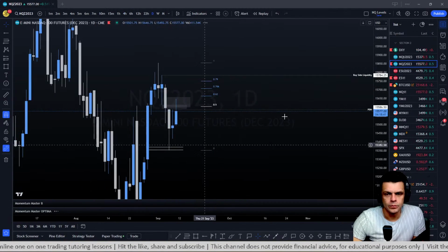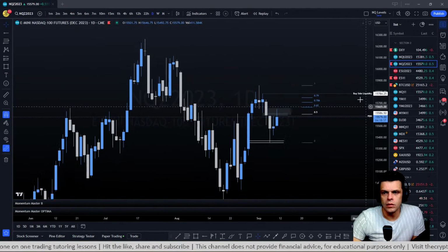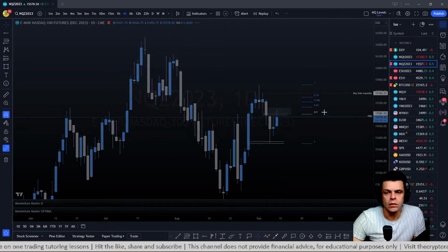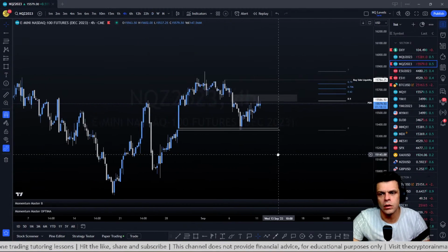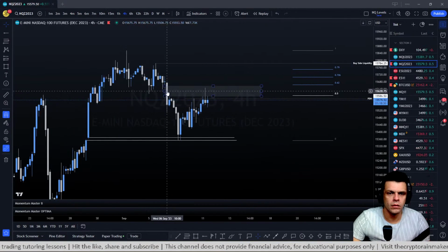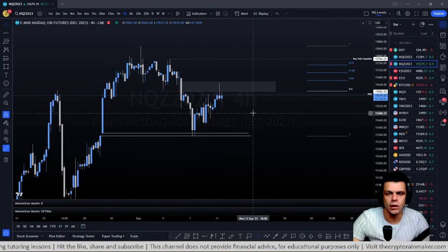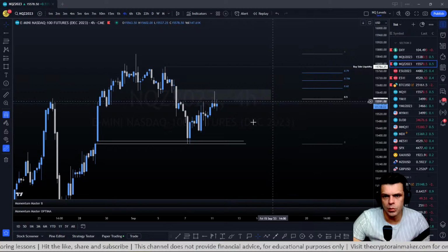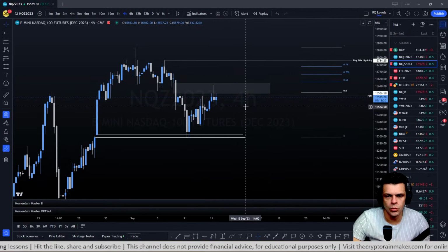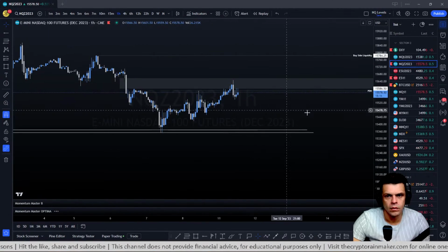On the daily, we had the buy side liquidity right here, volume imbalance, and then this fair value gap right here on the 4-hour. So you have to say that this fair value gap is a bearish point of interest on the higher time frame. Also came right into the premium area and started to move away from it.